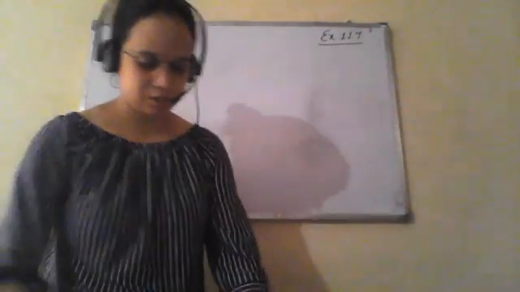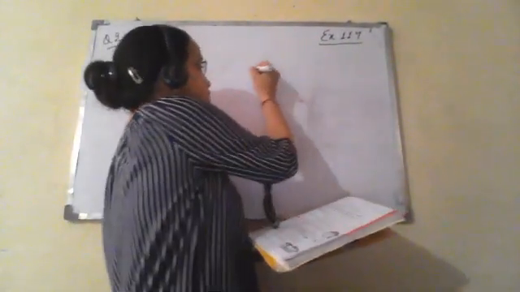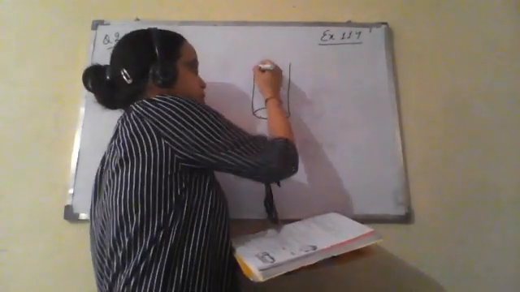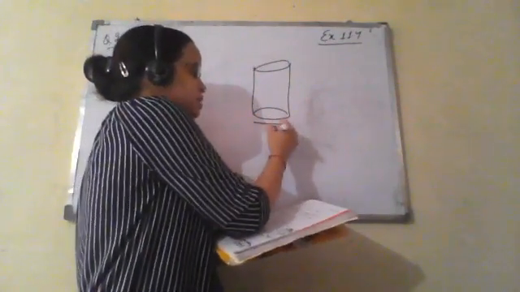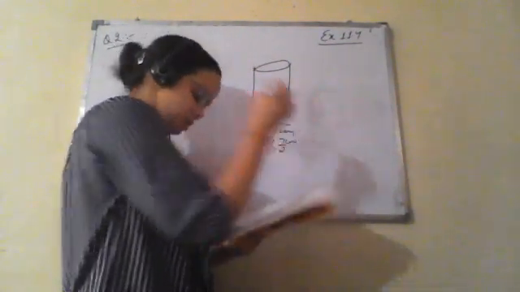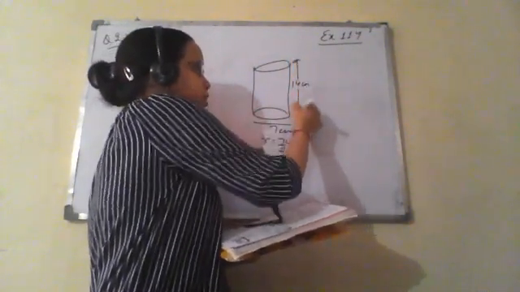Now second question, question number 2. Diameter of cylinder A is 7 centimeters. I'm just drawing the figures. So this is a cylinder. Diameter is 7 centimeter, so radius will be 7 upon 2 centimeter and its height is 14 centimeter.